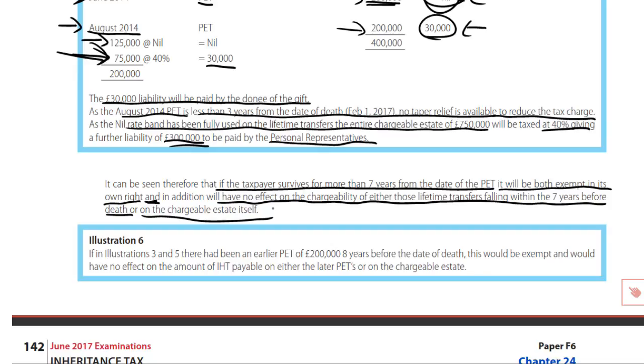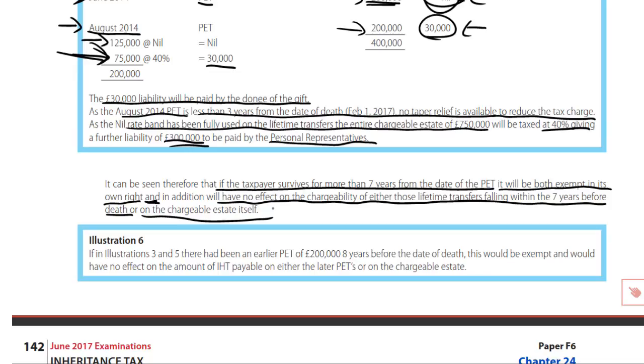So if it's more than 7 years before the date of death, what was potentially exempt when made becomes exempt on death. It is not taxable, nor will it affect any tax on those transfers that do fall within the 7 years before the date of death and therefore are chargeable.